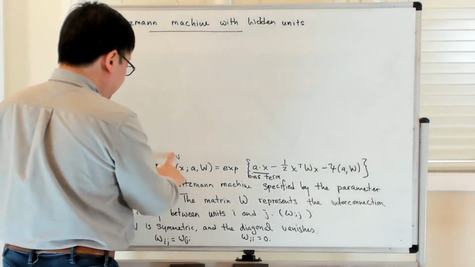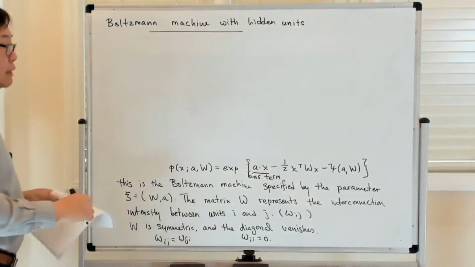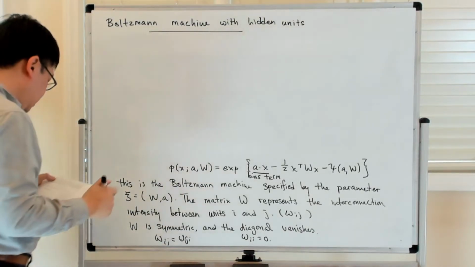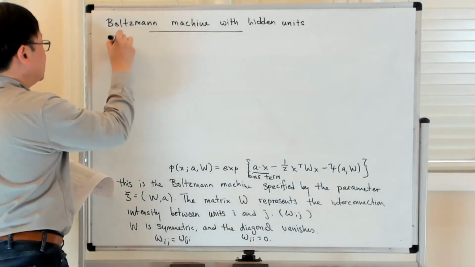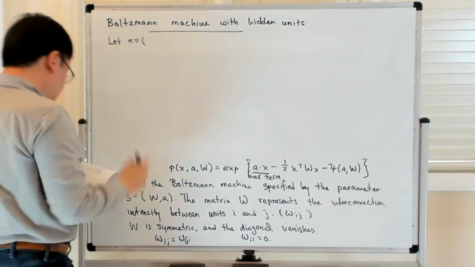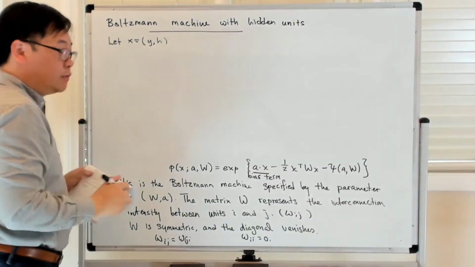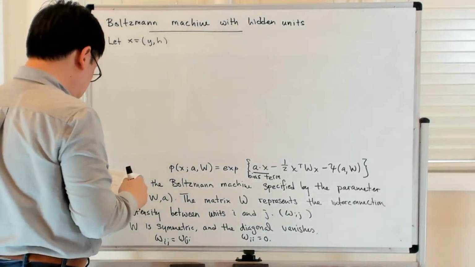As before, we're going to think of this as a problem with hidden variables. We're going to let x again be partitioned into two parts, y and h, where y is observable and h is hidden.